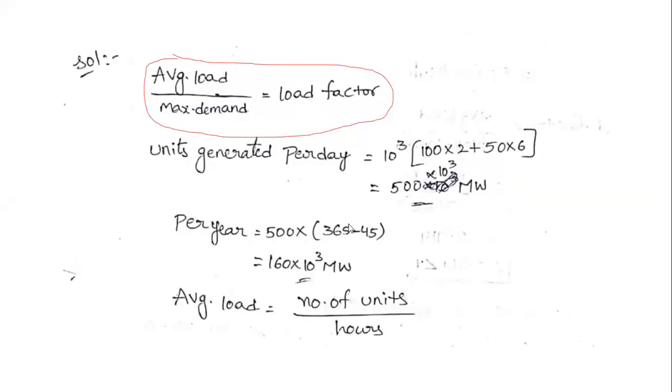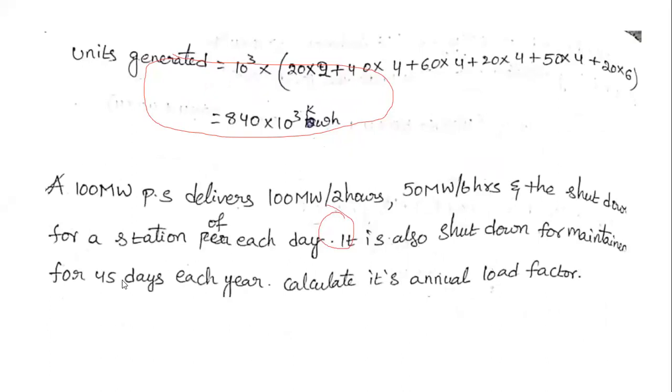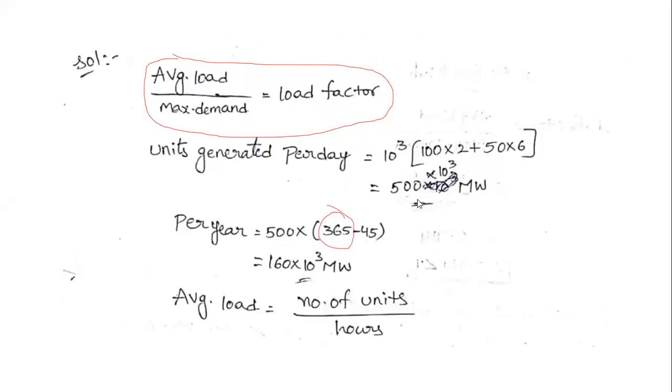That is 365 days. In the 365 days, the system will be shut down for 45 days.